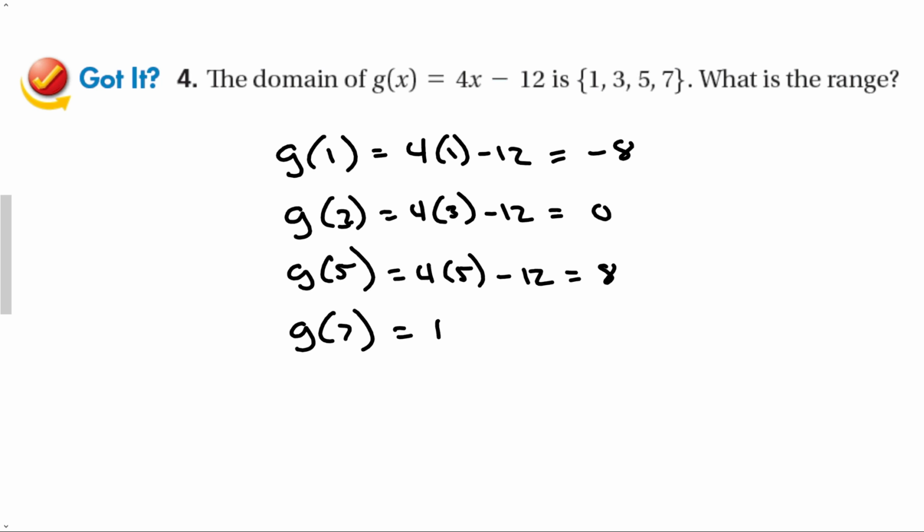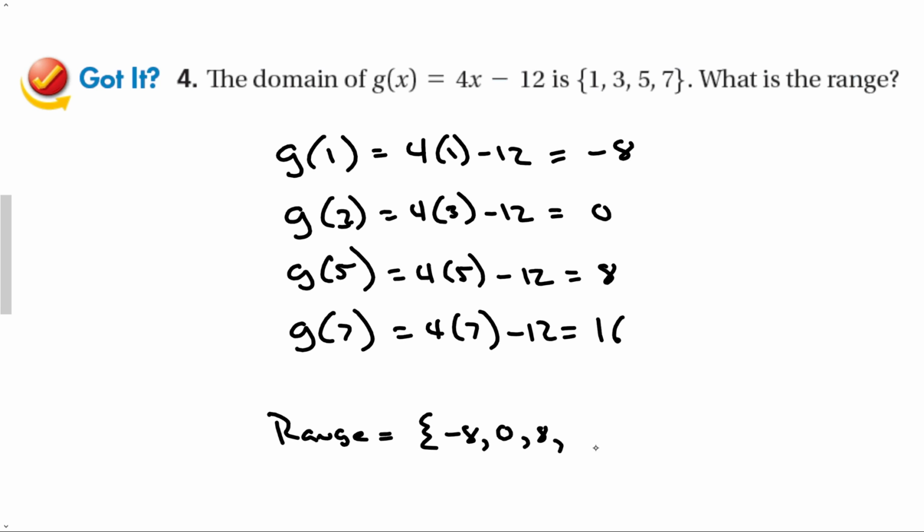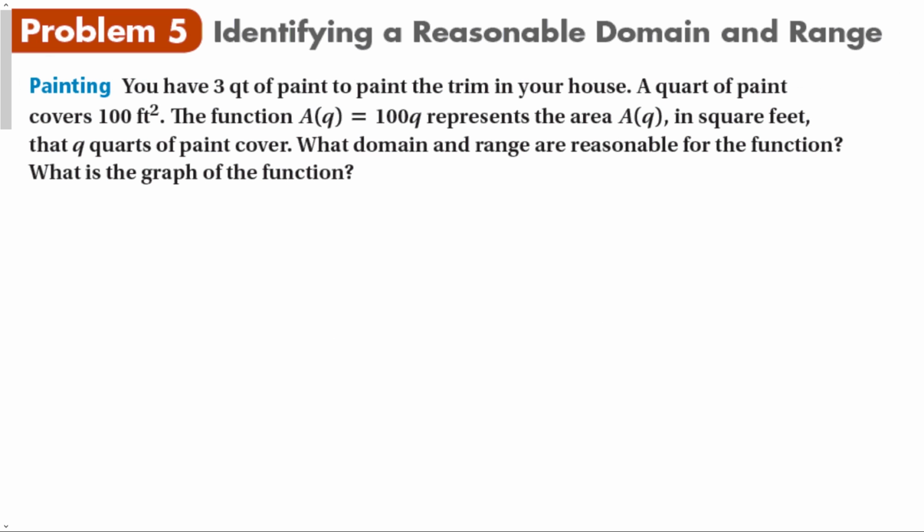And g of 7 is going to be 16. So my range is going to be, it's a set, negative 8, 0, 8, and 16. The outputs from these 4 domain inputs.